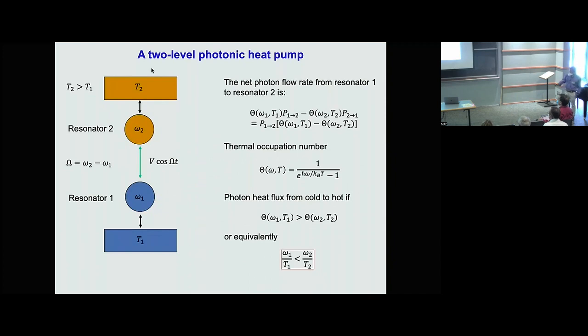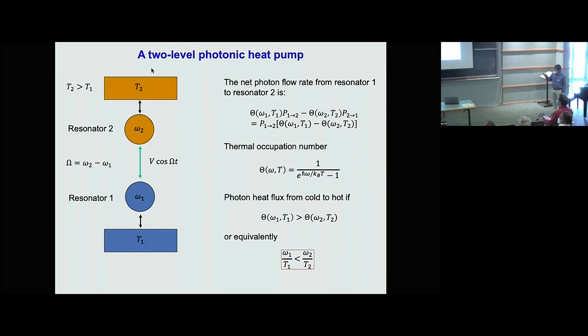And so if, for a given temperature difference, you choose the frequency differences of these resonators to satisfy this condition, and therefore at equilibrium, there are more photons in resonator 1 as compared with the number of photons in resonator 2, for precisely the reason that there's a microscopic symmetry in the upward and downward transition, the net result is that there is a net upward transition because there are just more photons in resonator 1.